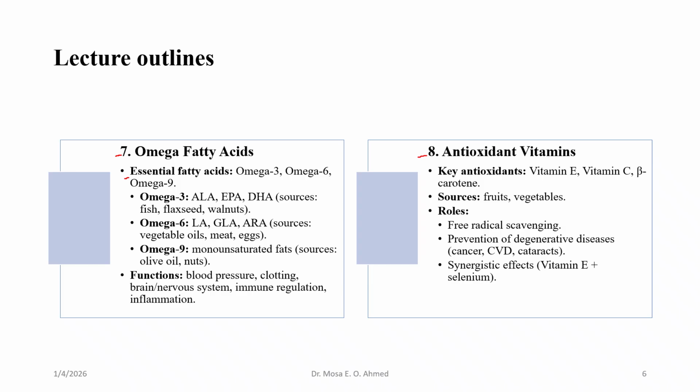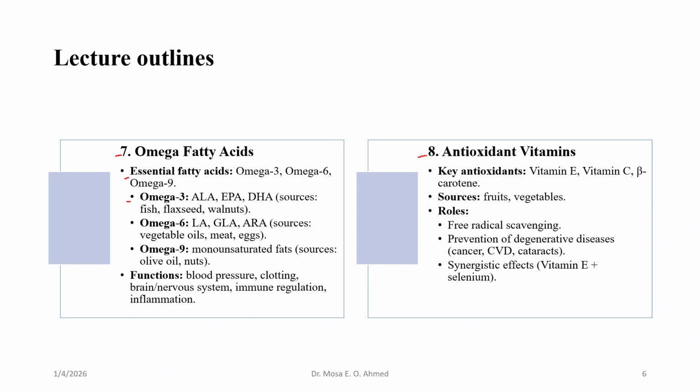These fatty acids have important functions in blood pressure, clot formation, and the brain and nervous system, besides their effect on immune system regulation and inflammation pathways. Examples of omega-3 fatty acids include alpha-linolenic acid, ALA, EPA, eicosapentaenoic acid, and DHA, docosahexaenoic acid.